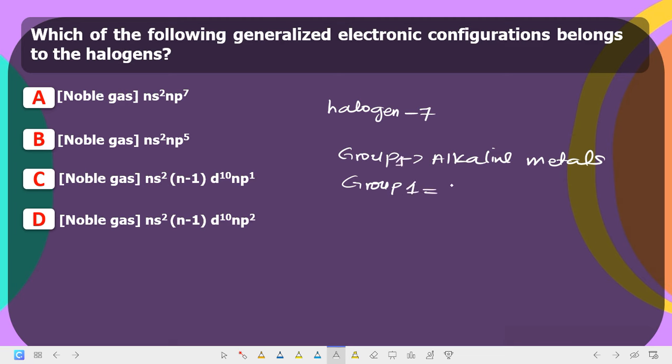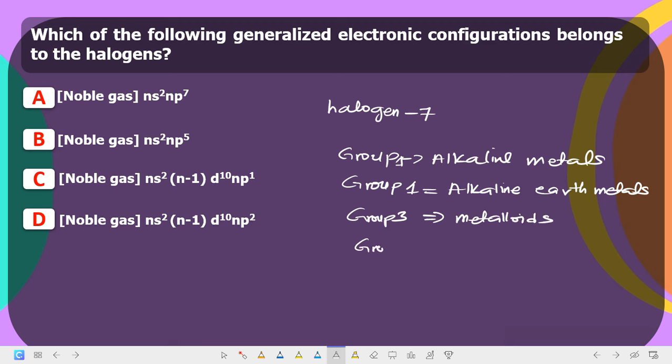Group 2 are called the alkaline earth metals. Group 3 are called the metalloids. And then group 4, group 3, they don't have a special name.